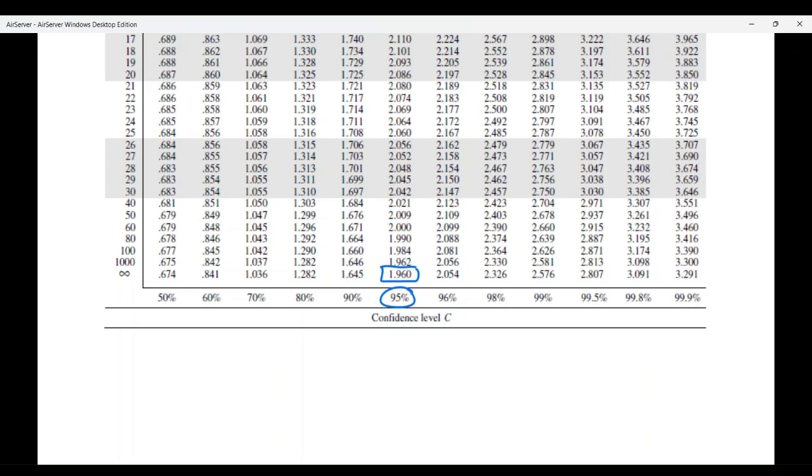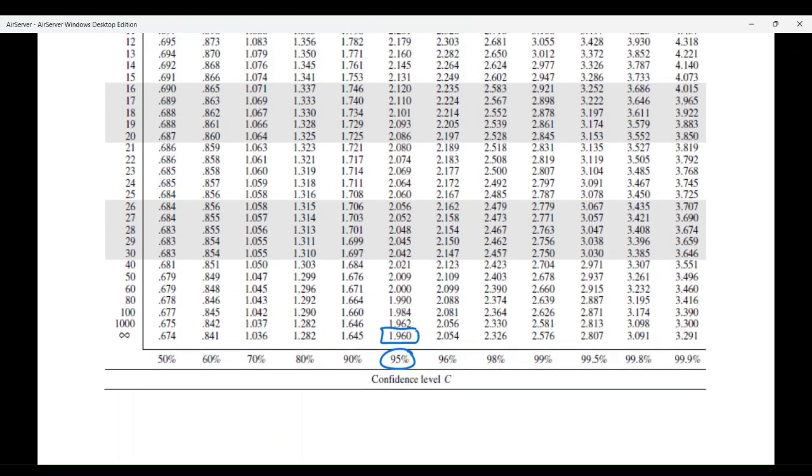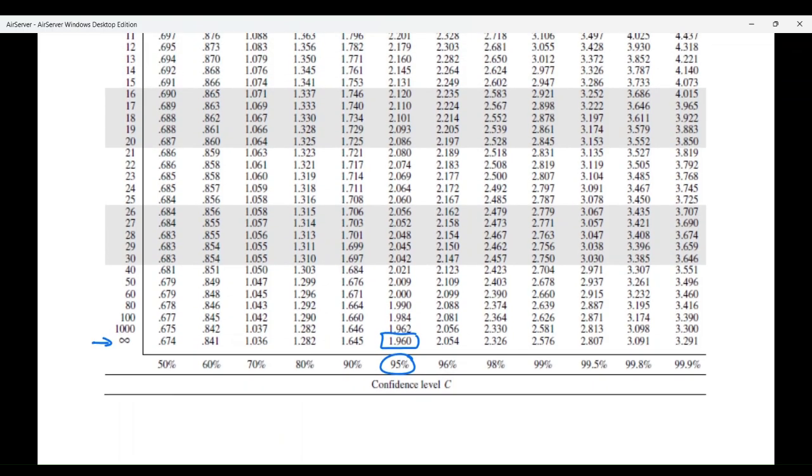So this number is a multiplier. And as a multiplier, the bigger it is, the wider our interval. The smaller it is, the smaller our interval. Okay. So you'll notice that this is for basically a sample size of infinity. In other words, you've basically sampled the entire population.